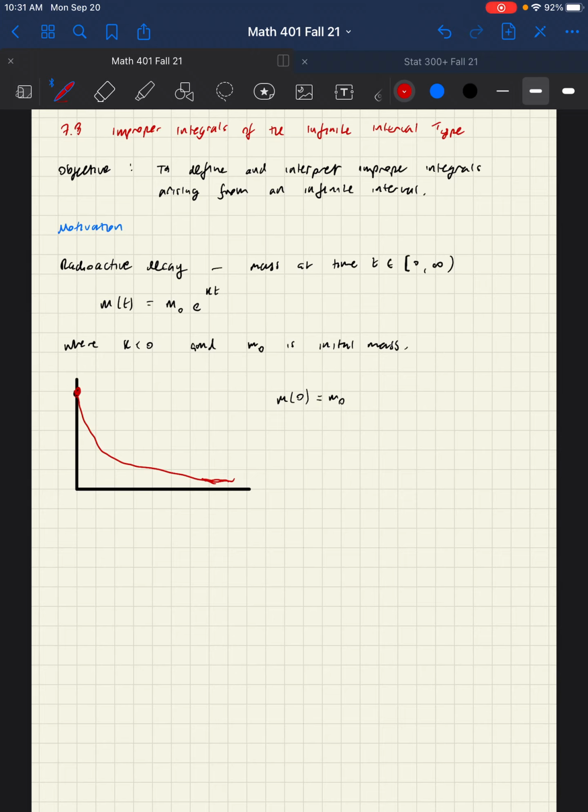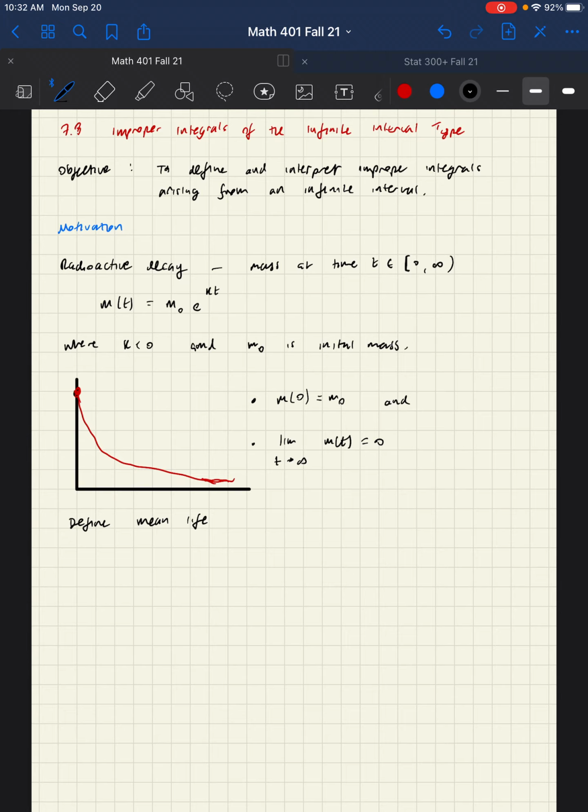We know m of 0 equals m naught, which is this point, right? And we know that the limit as t goes to infinity of this function goes to 0. So eventually it diminishes to nothing.